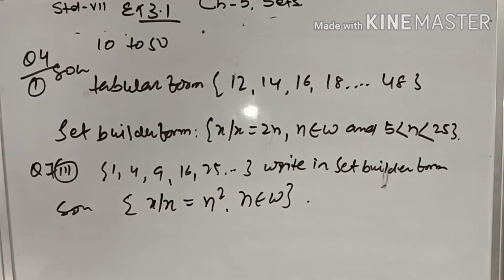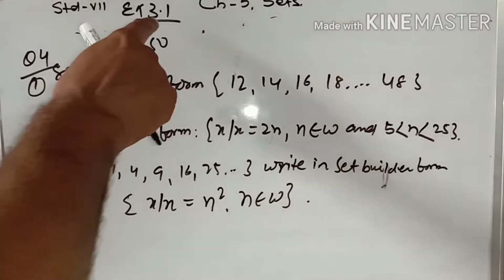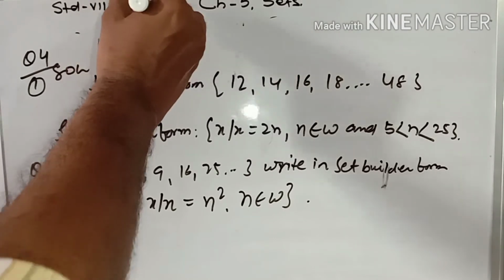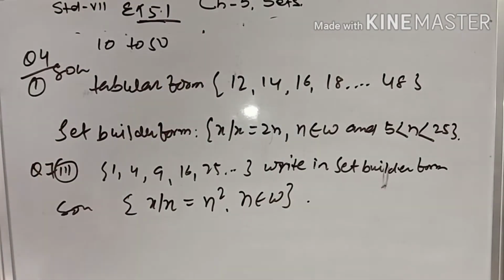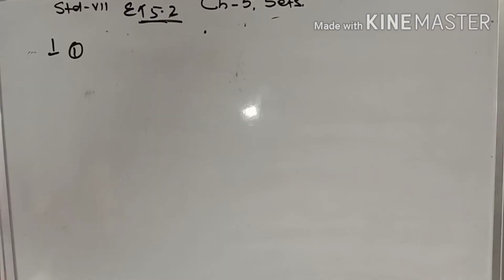Now all these questions are from exercise 5.1. Now 5.2. It is given: classify the following sets into empty set, finite set, infinite set. In case of a non-empty finite set, mention the cardinal number.